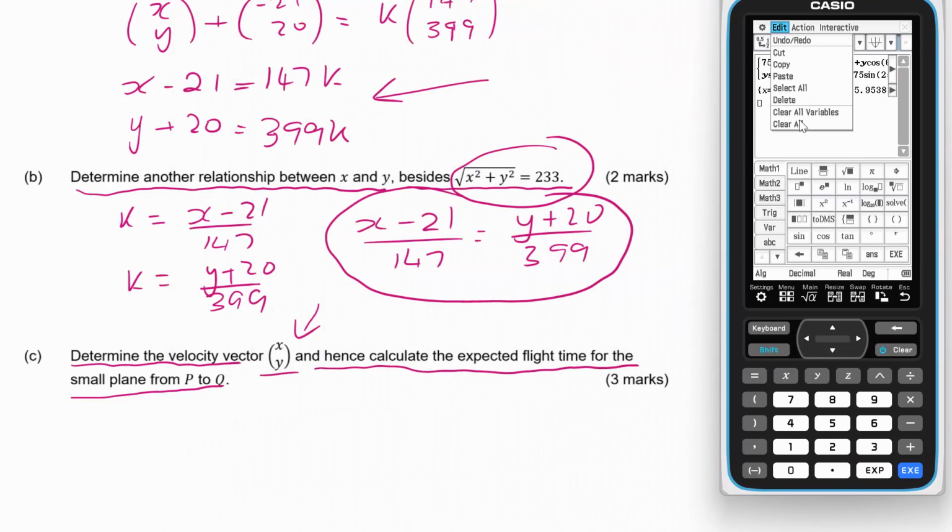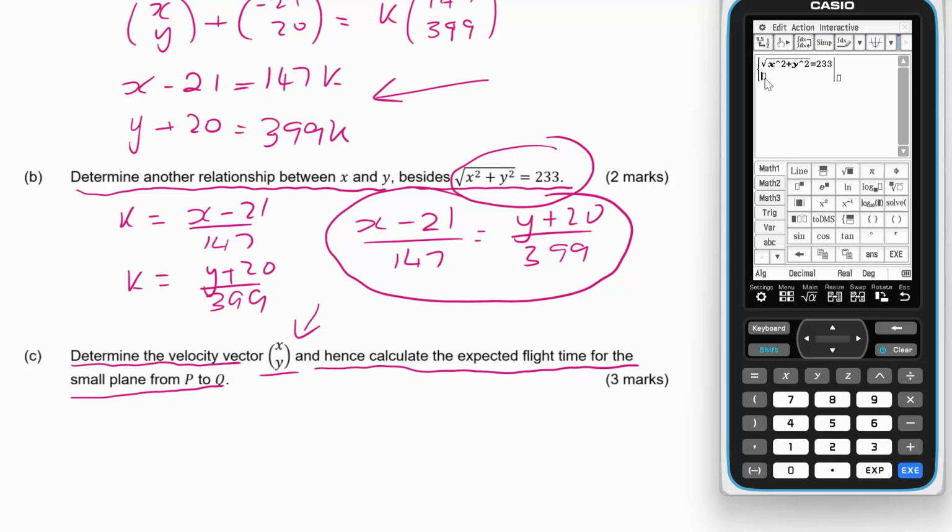So let's just clear a bit of space, get out the simultaneous equation solver, and we've got the square root of x squared plus y squared. That's going to be equal to 233.